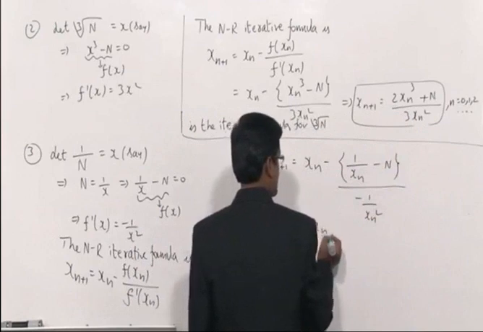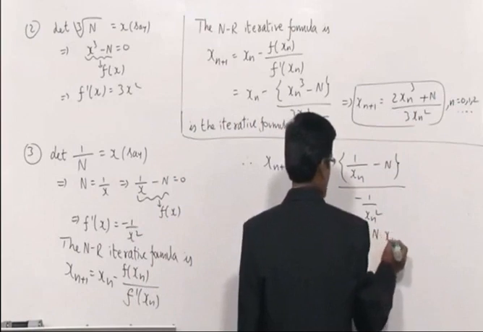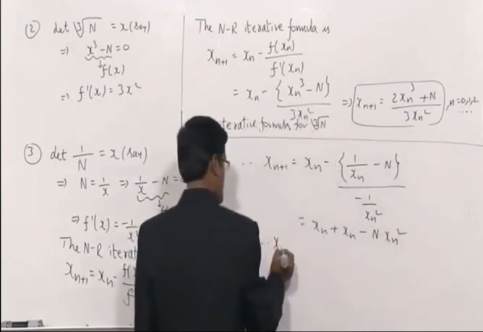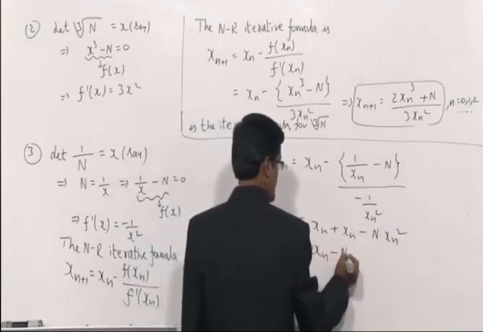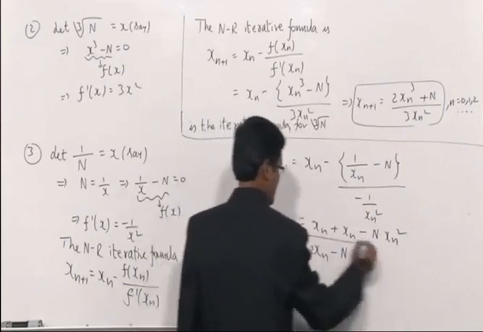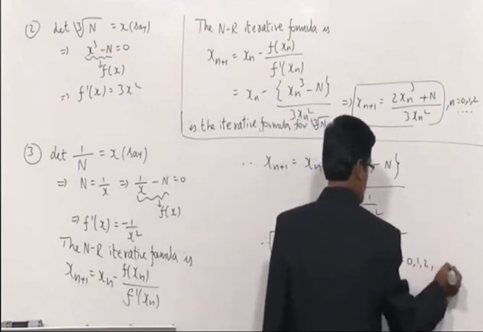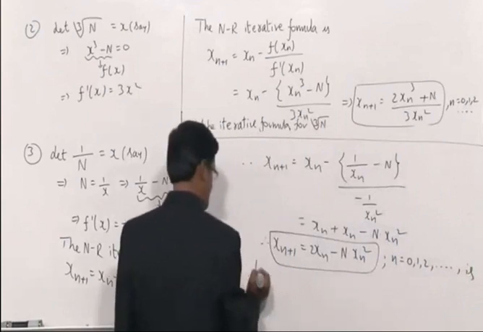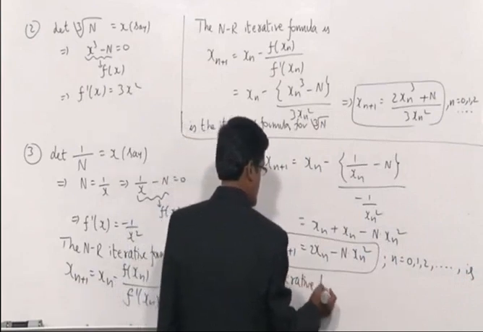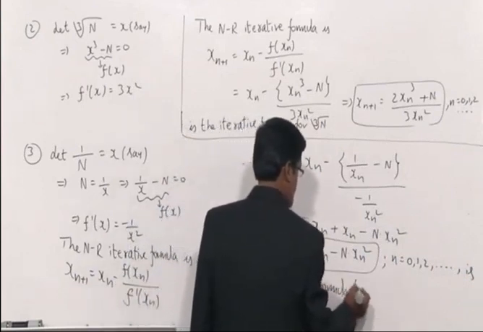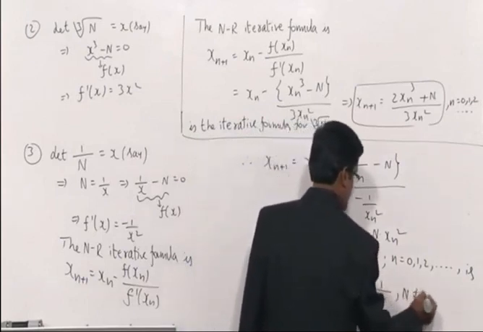So this is xn plus xn minus n into xn square. Therefore xn plus 1 is equal to 2xn minus n times xn square, n is equal to 0, 1, 2, and so on. This is the iterative formula for 1 by n, n not equal to 0.